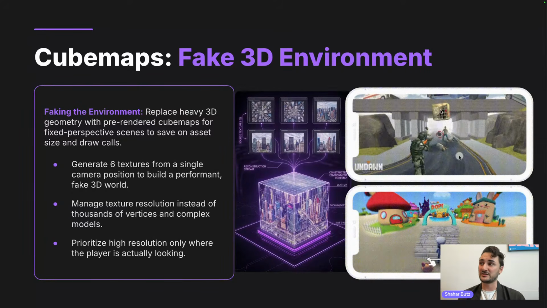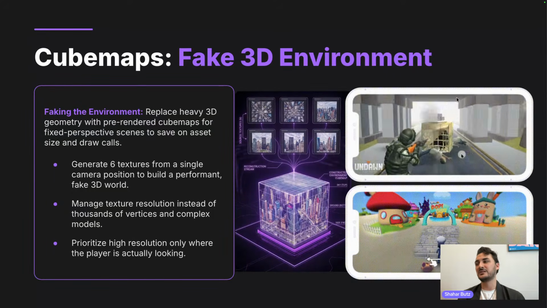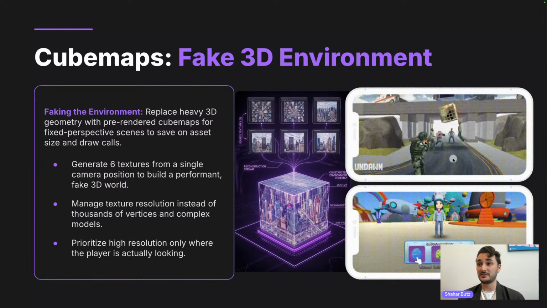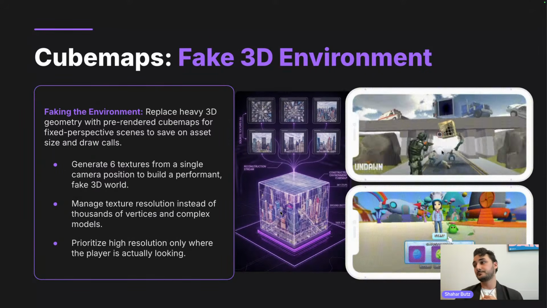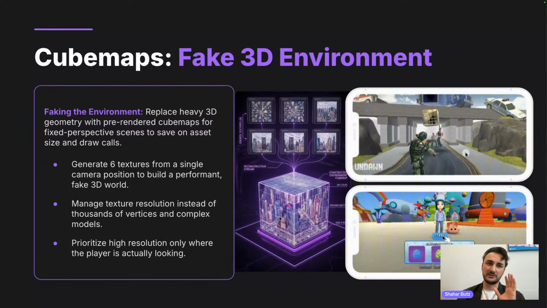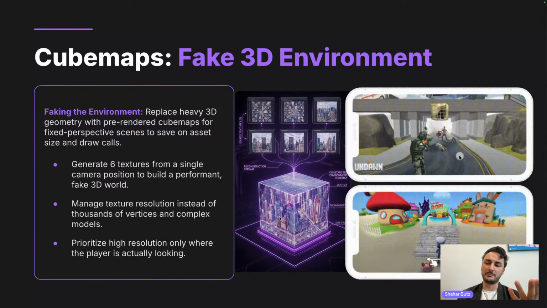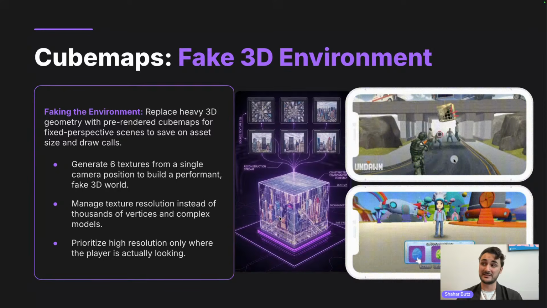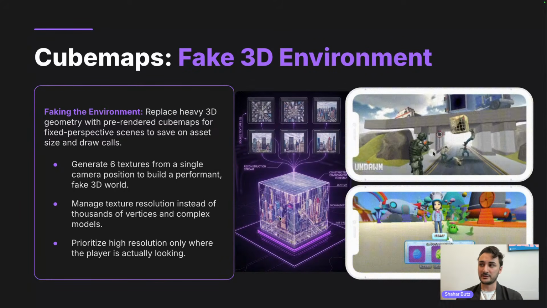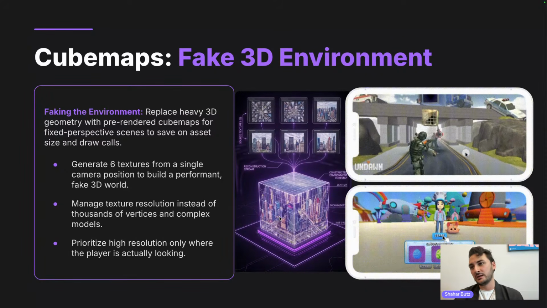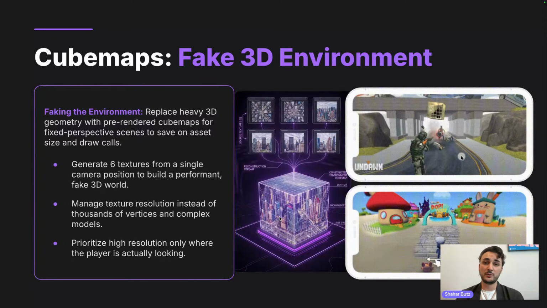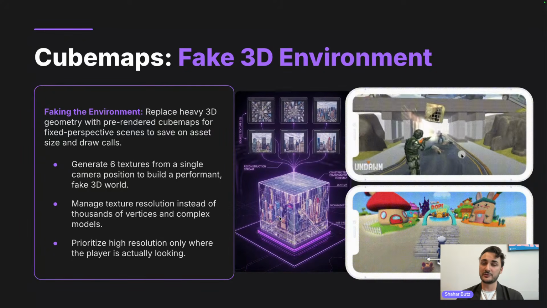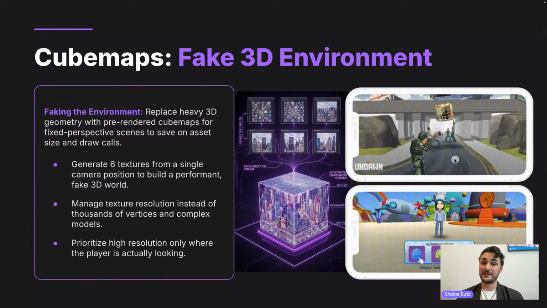This is just a square that's around my player and it's unlit, it's faking the environment. And most of the time, you then only have to manage the size of these 6 textures, which usually weigh a lot less than all of those models and their own separate textures. Yes, this is also very size heavy.